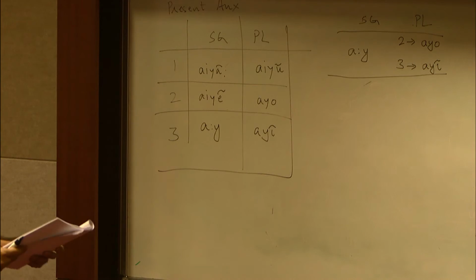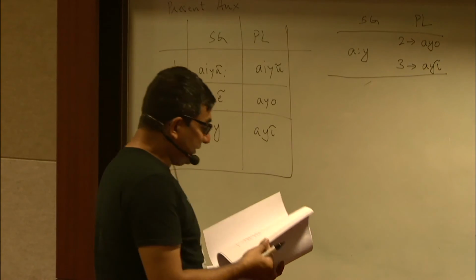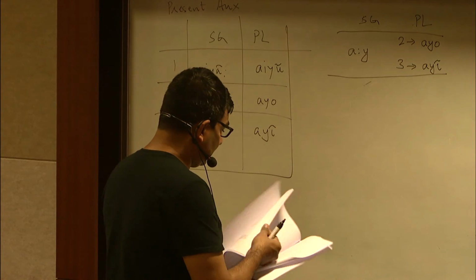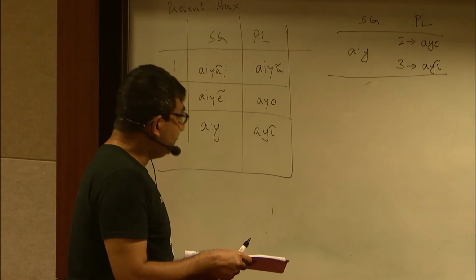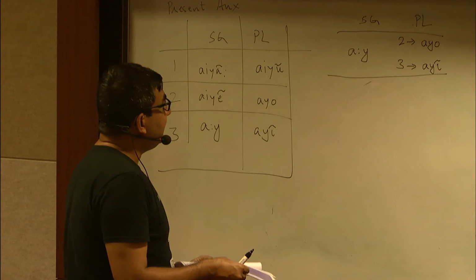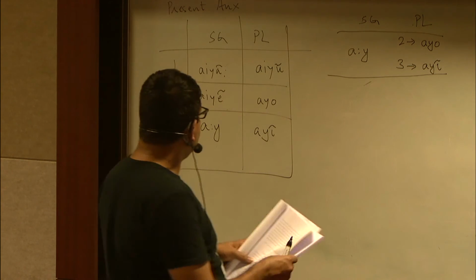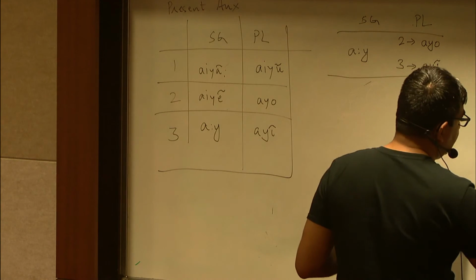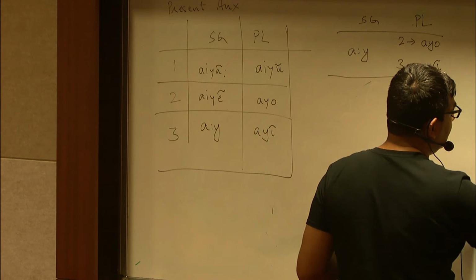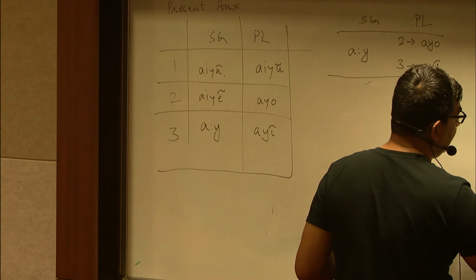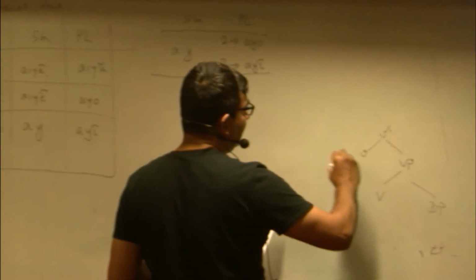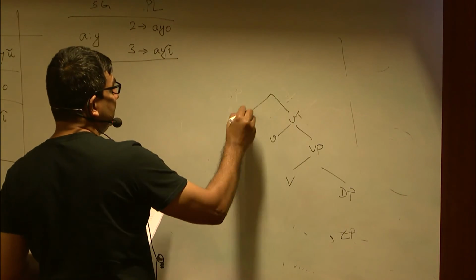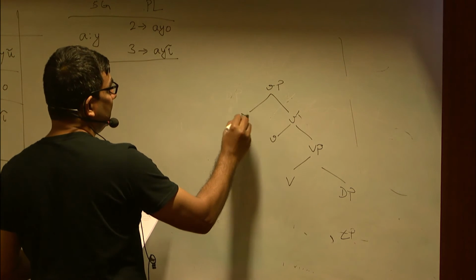Let's do a derivation and see what we expect. If we do a derivation with a second singular subject, let me draw this out again. P bar, P, P, V, T, P. This part is not going to do much work for us.